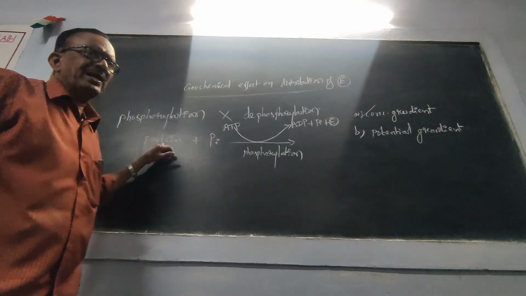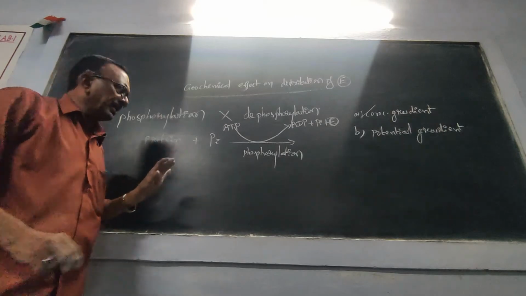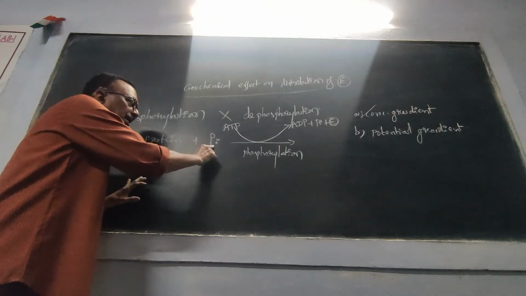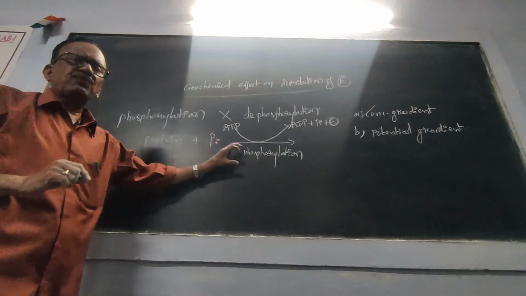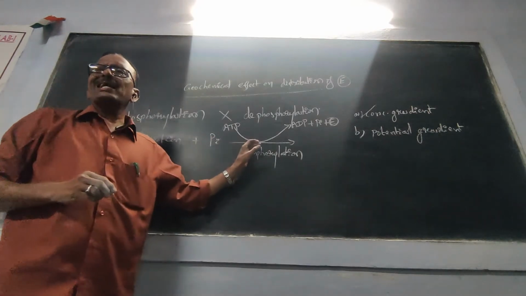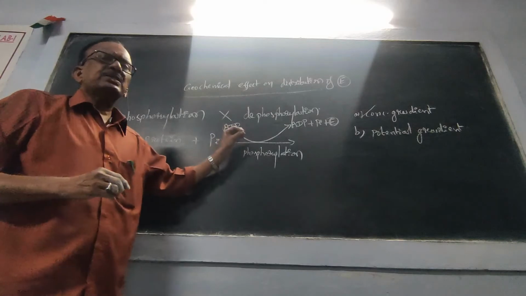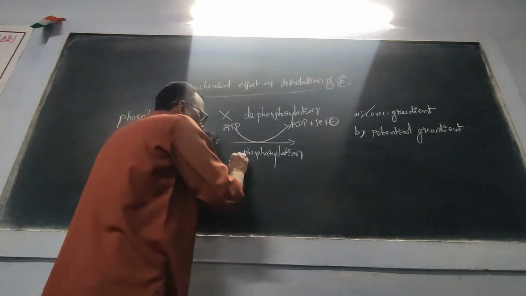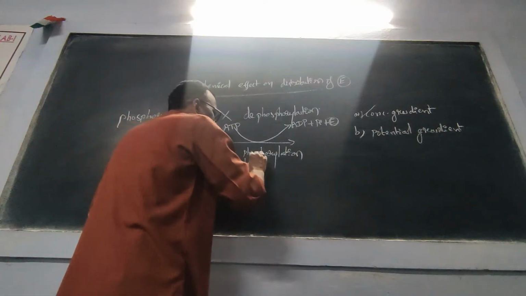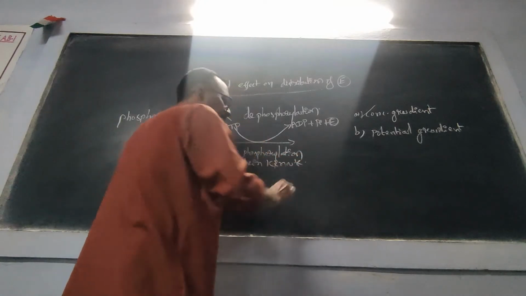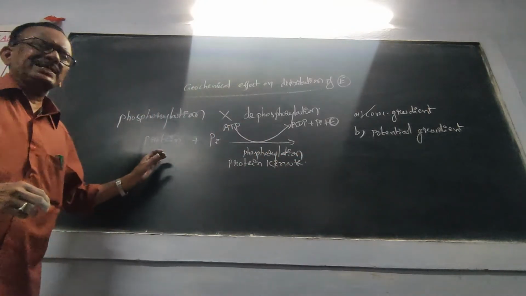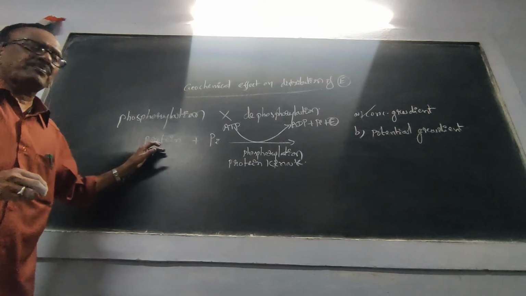So phosphorylation is the addition of inorganic phosphate to the protein. Generally it is catalyzed by a specific enzyme, that is protein kinase. Protein kinase is the enzyme that is catalyzing this phosphorylation.